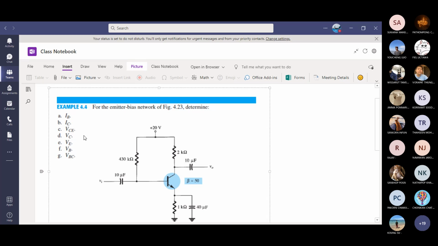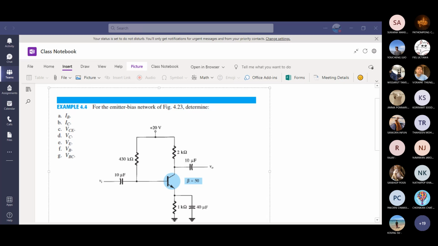Korawit. Where is Korawit? Are you present? Korawit is present in the class. Korawit will do number 2.